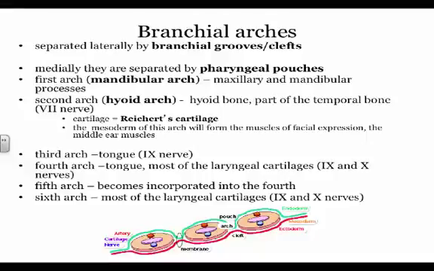In the third arch, we develop the tongue and the ninth cranial nerve. In the fourth arch, it's the tongue, the laryngeal cartilages, and glossopharyngeal and vagus nerves. The fifth arch will disappear, and the sixth arch will become also the ninth and 10th nerve, cranial nerves.